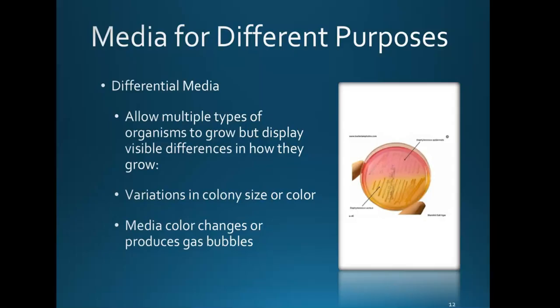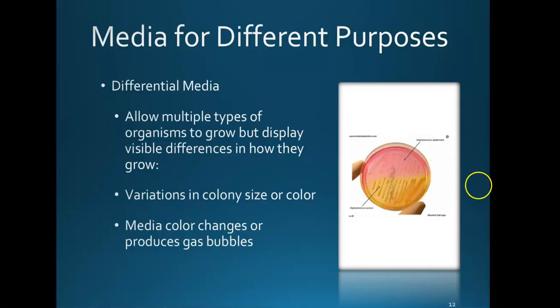So on this solid agar plate that we see on the right, the media originally was pink, like you see in the top portion, and we have two different species of bacteria growing on it, and one has turned the bottom half of the plate yellow.